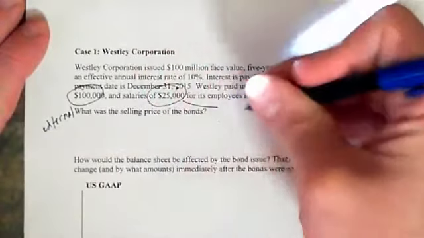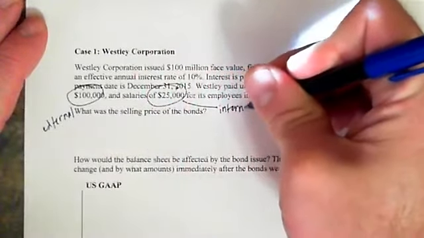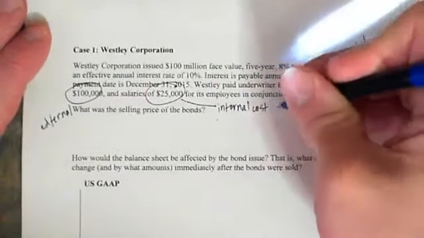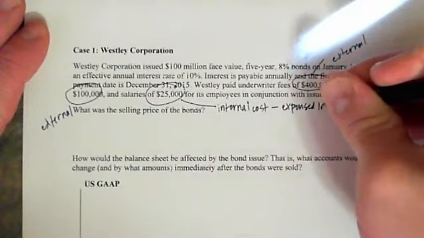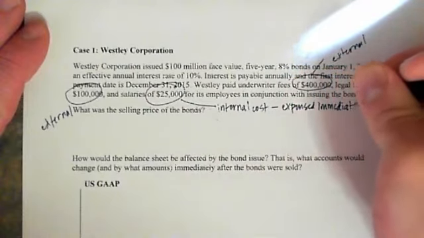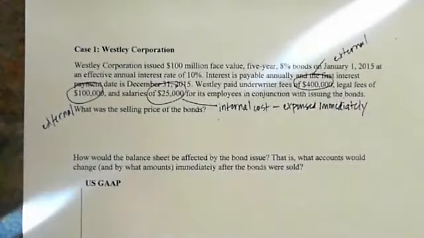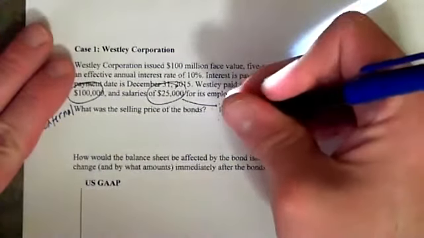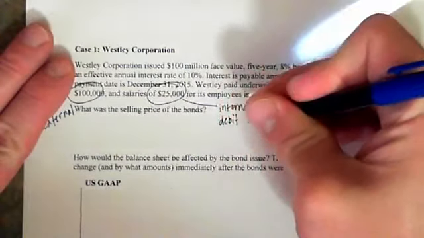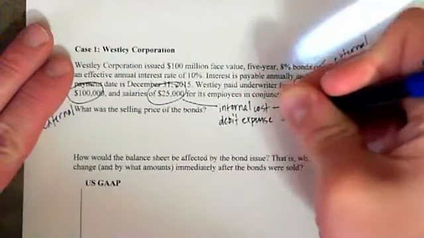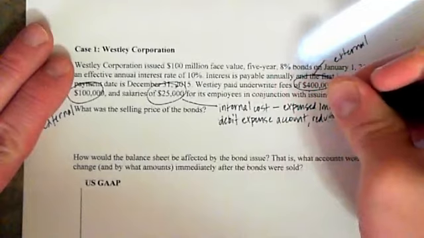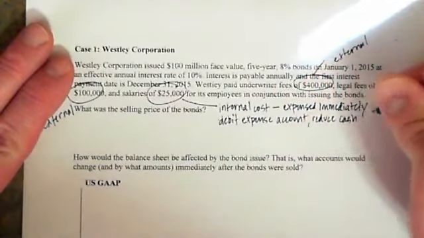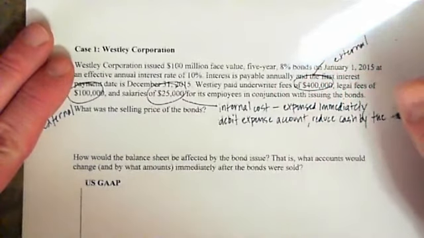This $25,000 for its employees is considered an internal cost. And internal costs are expensed immediately. So we're not going to put them in the discount account to be amortized across time. We are going to want to debit the expense account and reduce cash by the expense.